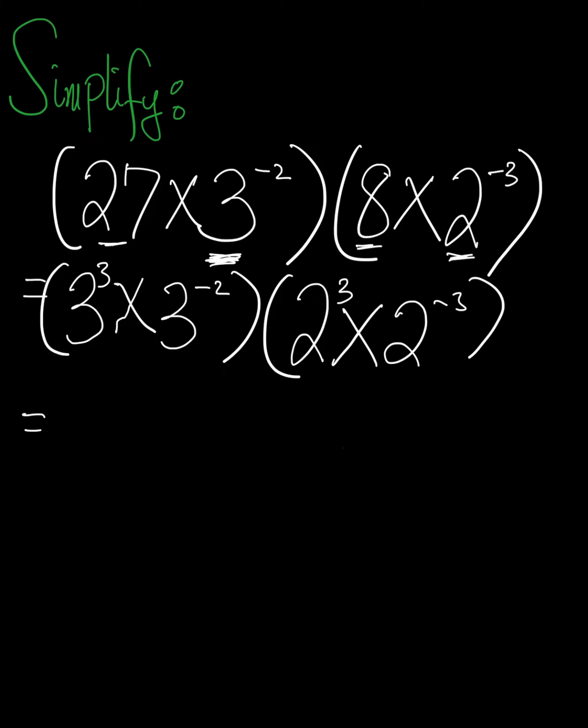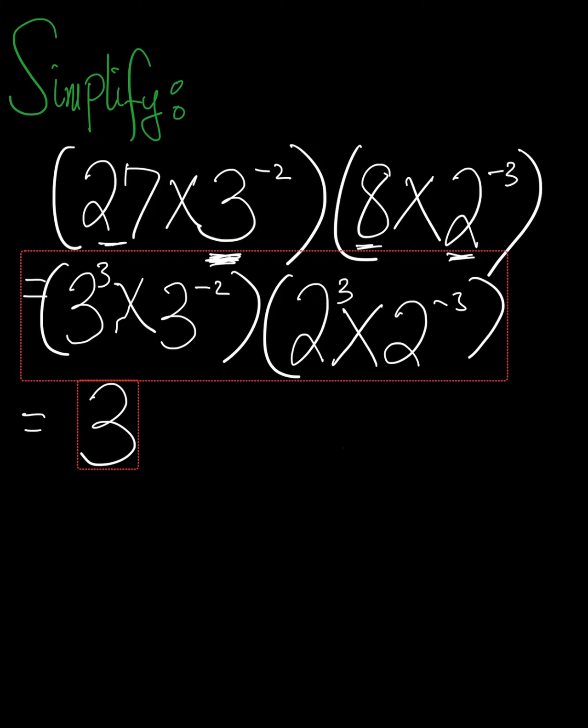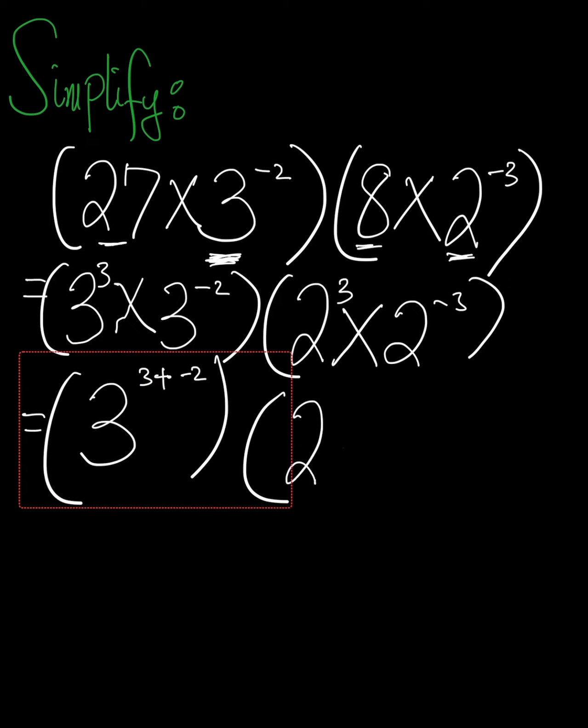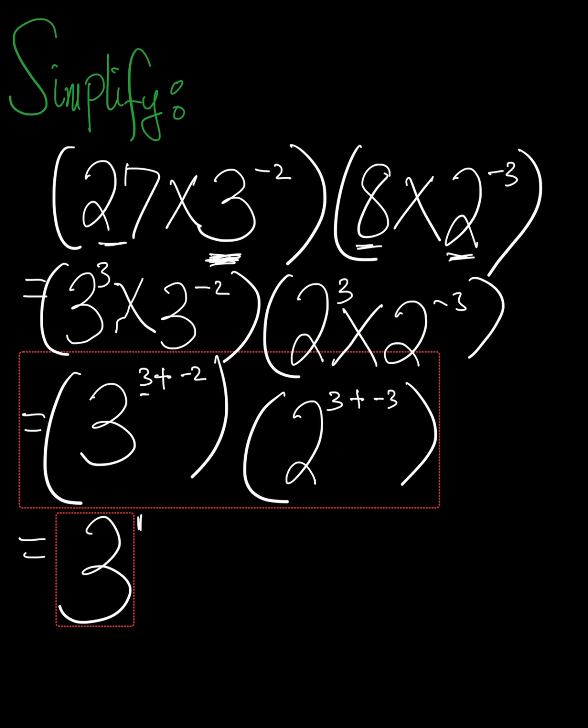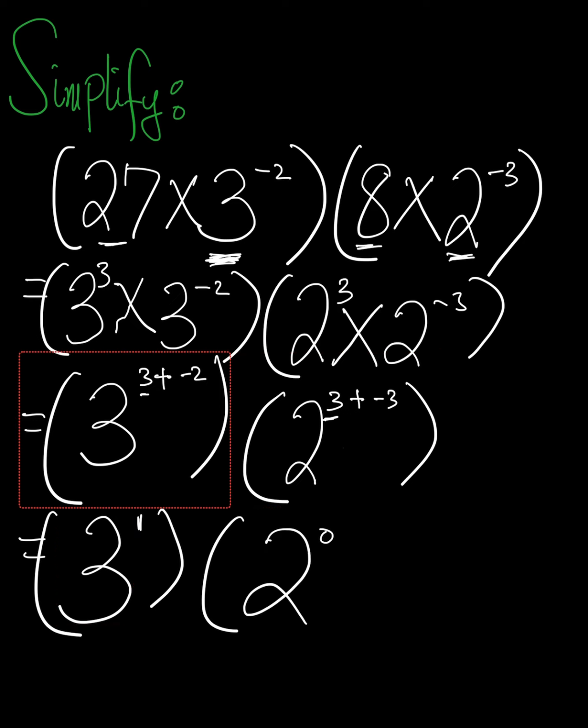That means that for this 3 here, we're going to add the exponents 3 and negative 2, and also here we're going to have 2 to the power of 3 adding to negative 3 in that order. Now, 3 adding to negative 2 gives us 3 to the power of 1. And here we get 2 to the power of 0. Why? Because 3 plus negative 3 gives us 0.